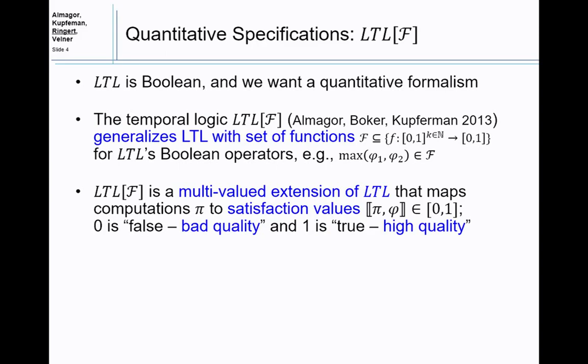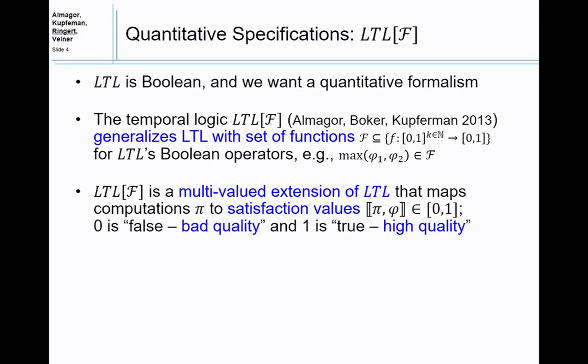First, we will look at a quantitative specification language. LTL is just Boolean. The satisfaction value is true or false. And now there is LTLF, which extends LTL with a family of functions. And these functions then replace the Boolean operators. So this could be the maximum function, for example. And LTLF is multi-valued.